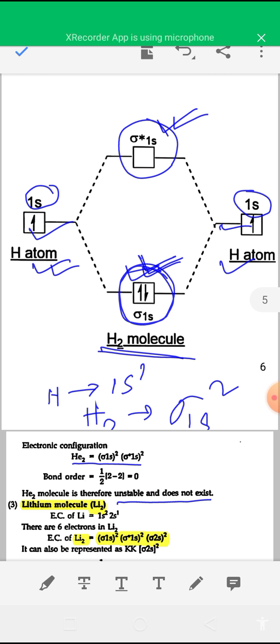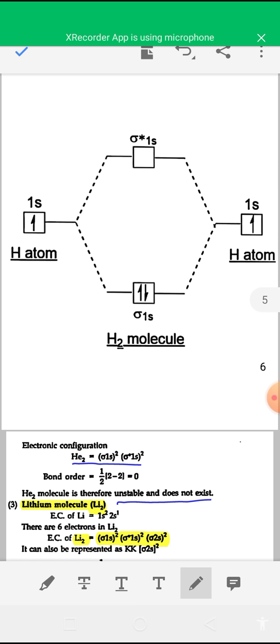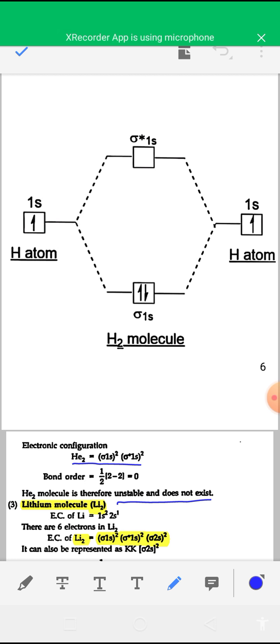Similarly for helium, there are a total of 4 electrons in the He2 molecule. In the helium molecule there are two helium atoms, and helium has atomic number 2, so the electronic configuration of each helium atom is 1s2.